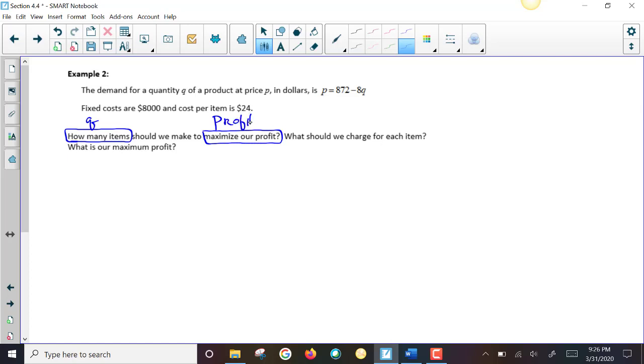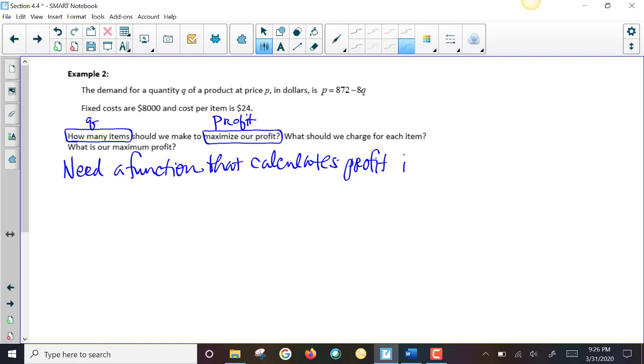Okay, so what that's telling me is we need a function that will calculate profit in terms of Q, quantity. All right, so let's create that.